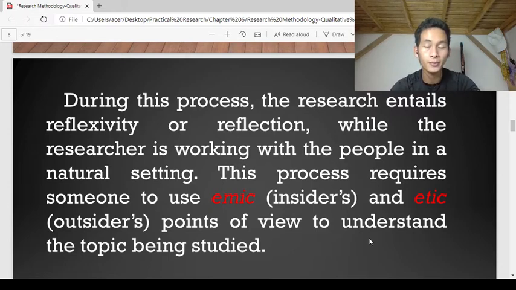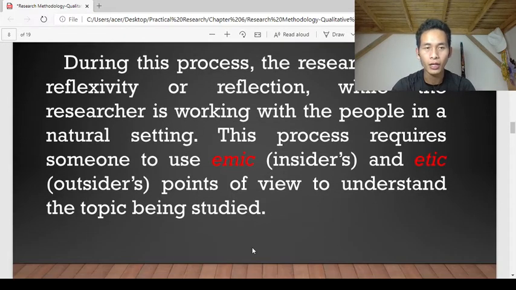So during the process of participation and observation, from time to time, the researcher will be doing various reflection while the researcher is working with the people in a natural setting. This process requires someone to use emic or insiders and etic outsiders point of view to understand the topic being studied. So this process requires someone to use emic, insiders, and etic, outsiders.